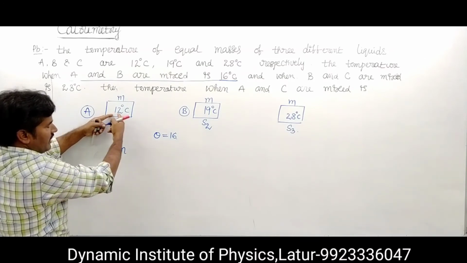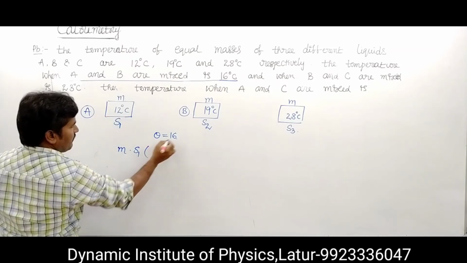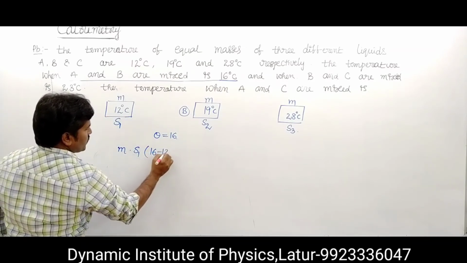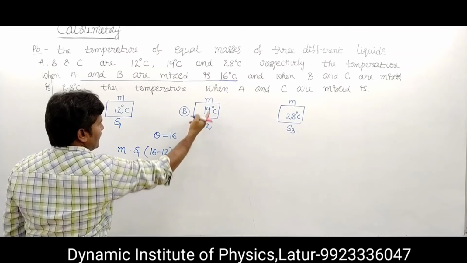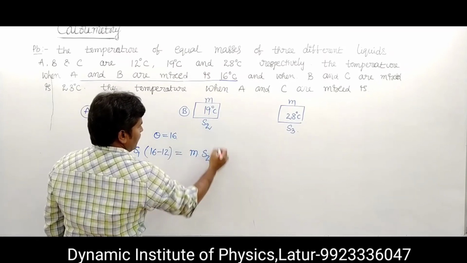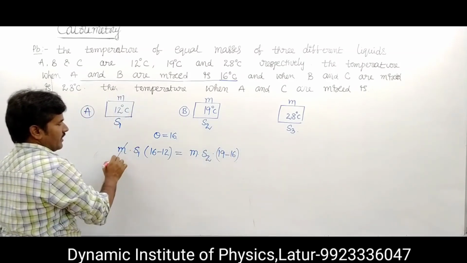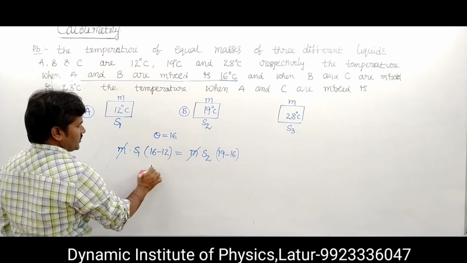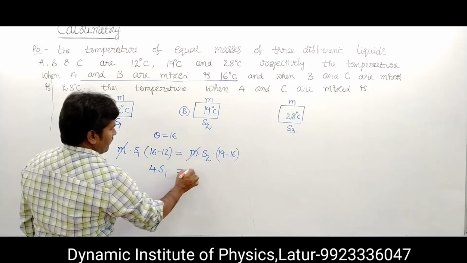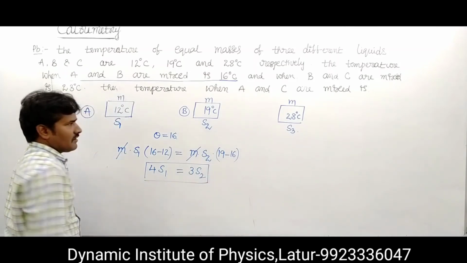Heat gained by cold body, M into S1 into (16 minus 12), equals heat lost by hot body, M into S2 into (19 minus 16). This gives the relation between S1 and S2: 4S1 equals 3S2.